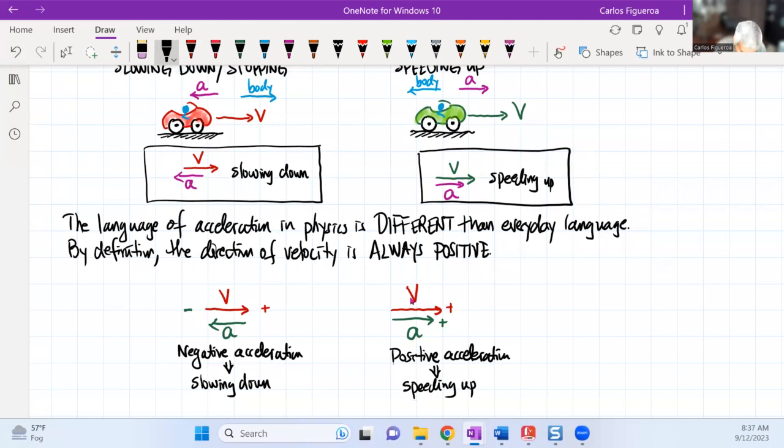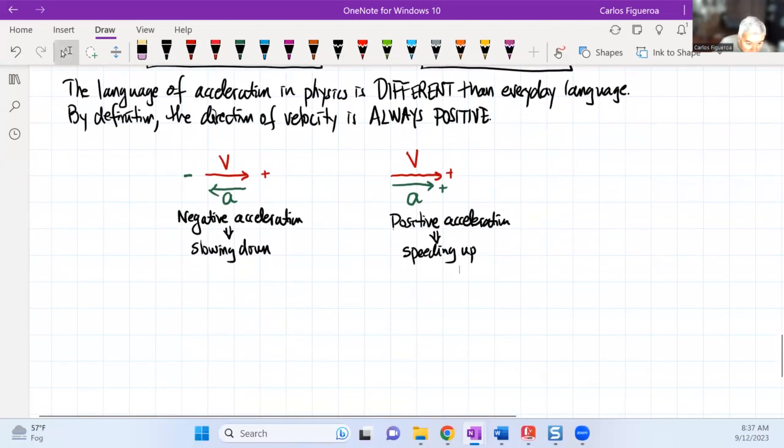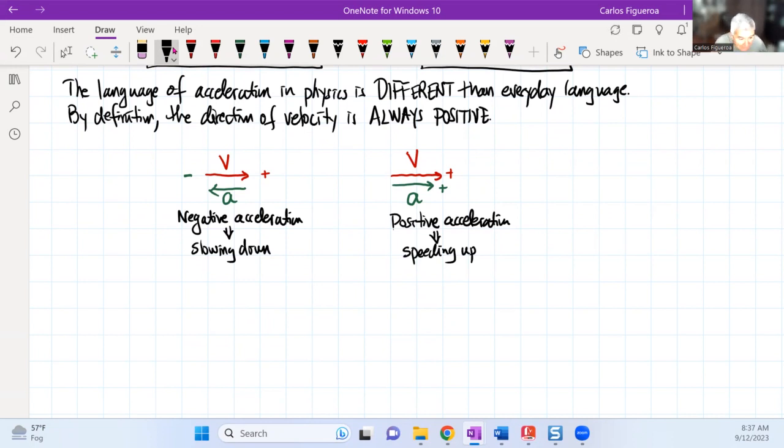We don't say decelerating. We say that it's negative acceleration. So you have to be careful with the language. Before we move on, I want to look at the units of acceleration to show you what this actually means.